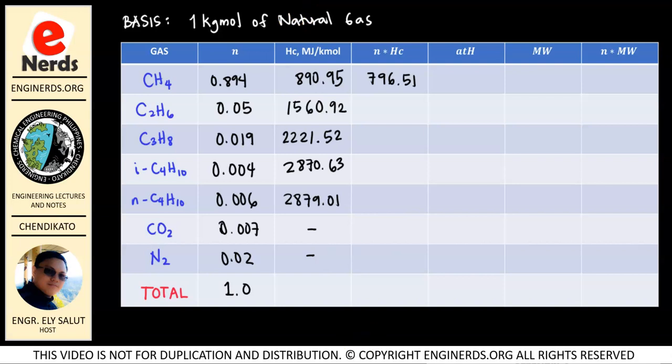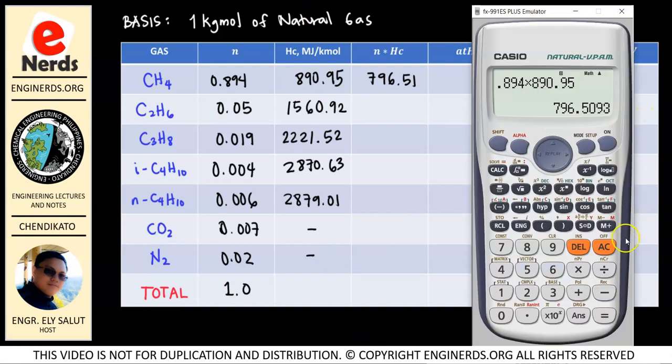796.51. Okay? So, next, itong ating ethane, we have 0.05 times 1560.92. Okay, so this is equal to 78.05.